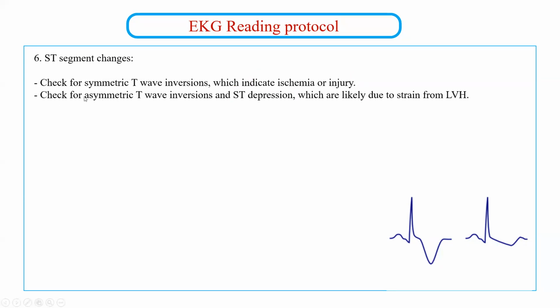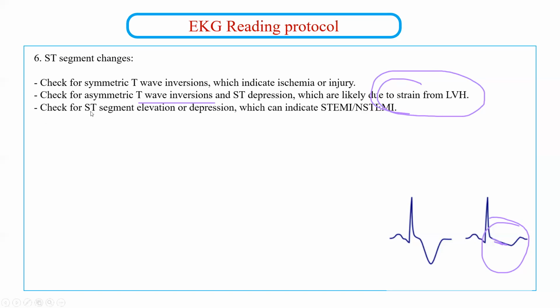Number 2, if there is asymmetric T wave inversion, like this one here, if you look here, it's asymmetric. The first half is not equal to the second half. Okay, if you find asymmetric T wave inversion with ST segment depression, this is likely due to strain from left ventricular hypertrophy, because when the muscle is really hypertrophied, there is a strain on the heart. So you will find some ST segment changes, like asymmetric T wave inversion.